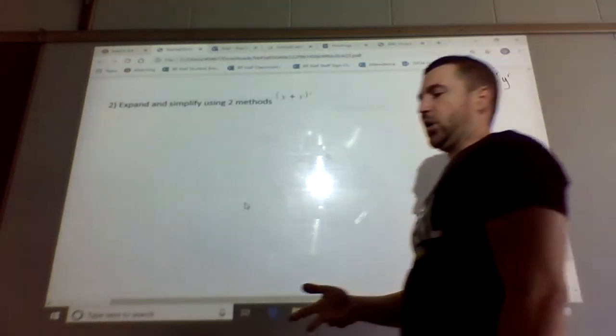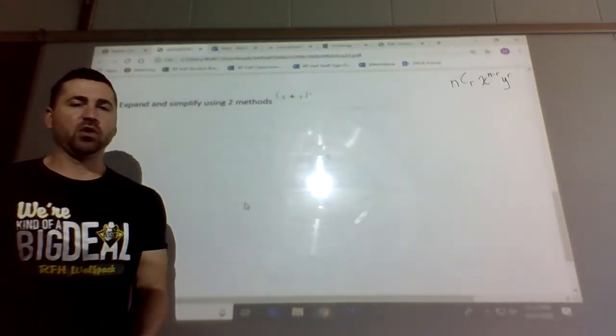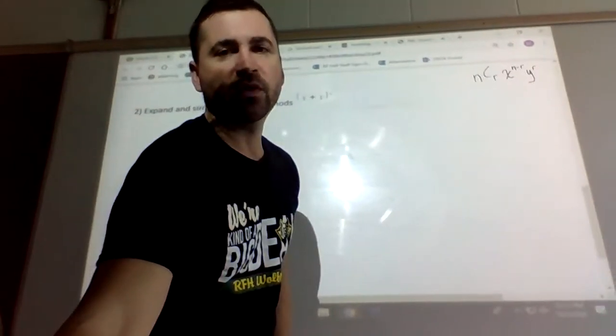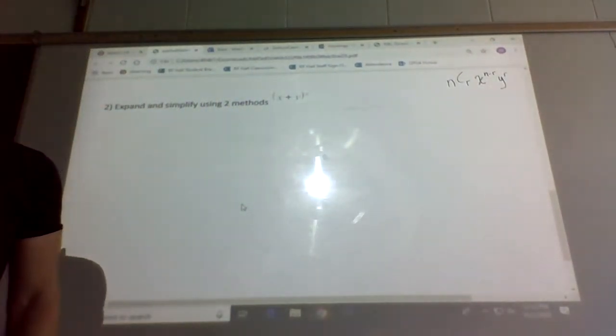Most people at the start like Pascal's triangle more, just because they're more familiar with it. Okay, so this is actually a fairly easy way as well.